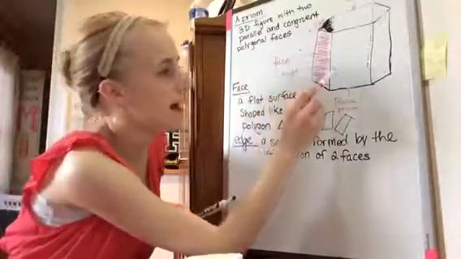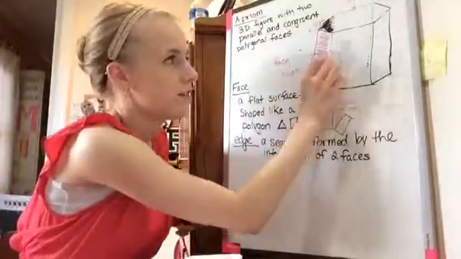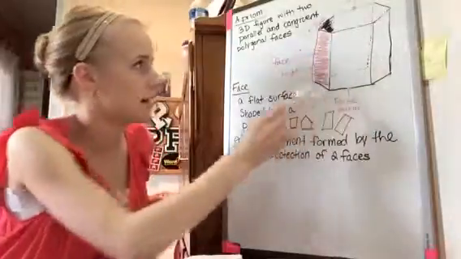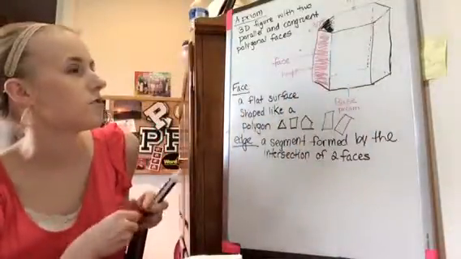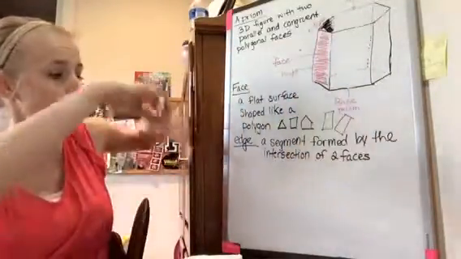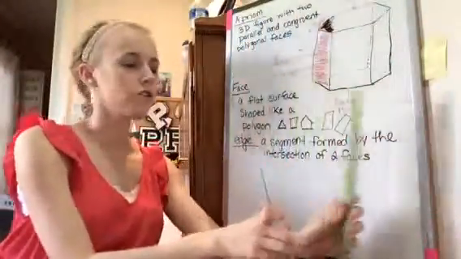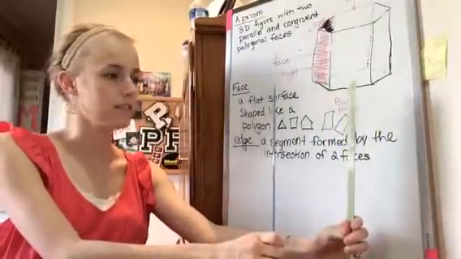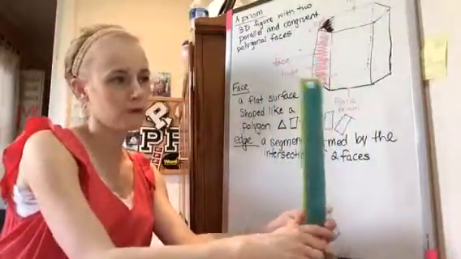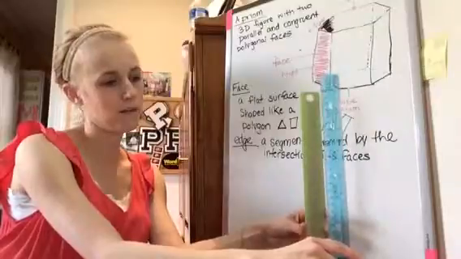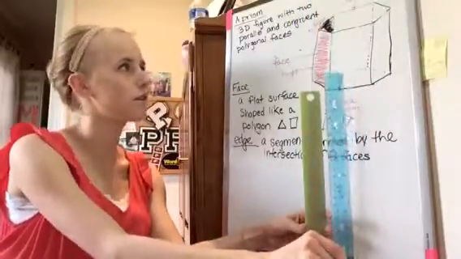So we have this face here in the front and then the one that's identical in the back. And so they're parallel to each other. If I were to hold up my two rulers, they're going to be parallel like this. If I spread them out, they're going to be parallel to one another.